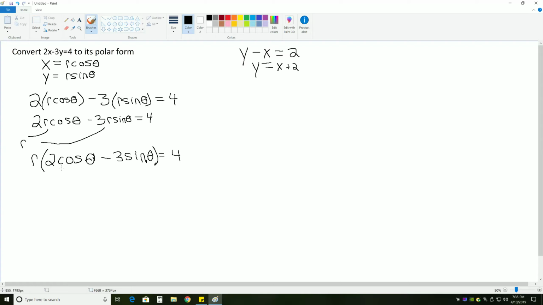And now finally from here we want to divide each side by the term being multiplied to our r, which gives us 2 cosine theta minus 3 sine theta in our denominator, and then the same thing on the other side.